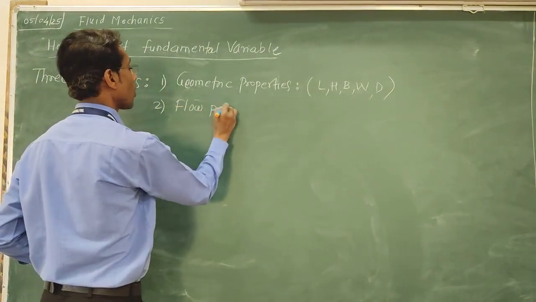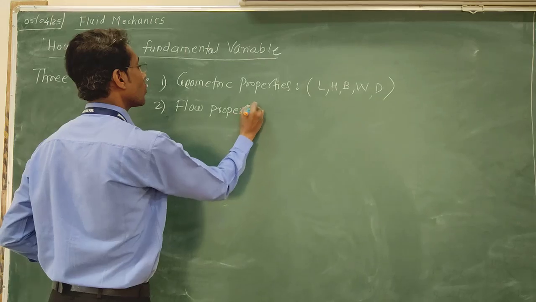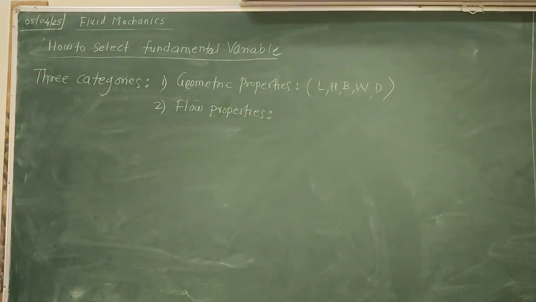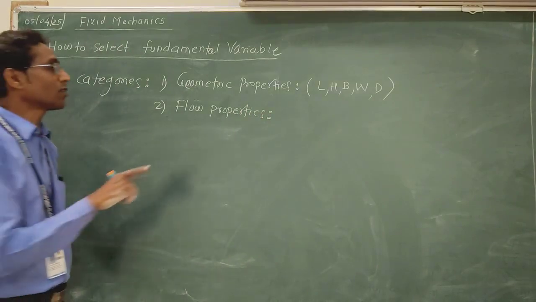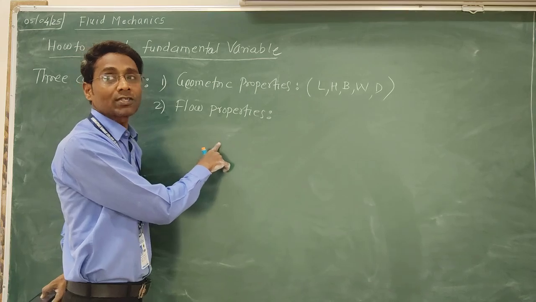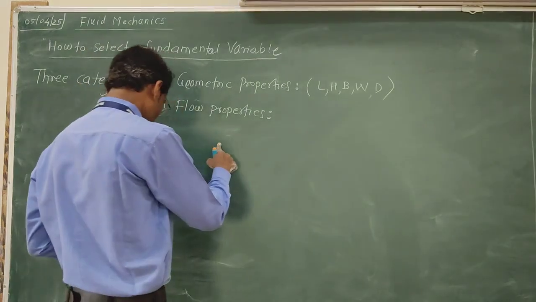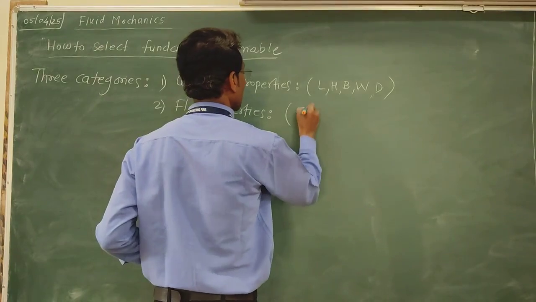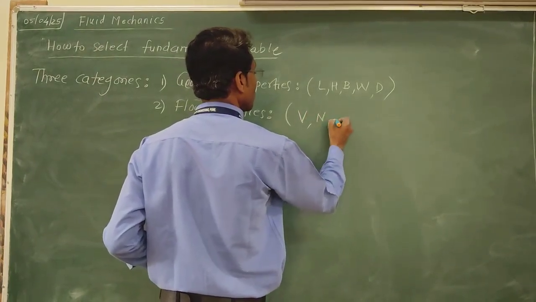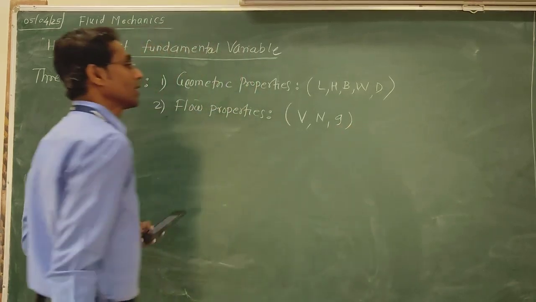Flow properties means all the properties which give information about the flow: speed, its velocity, and acceleration due to gravity.